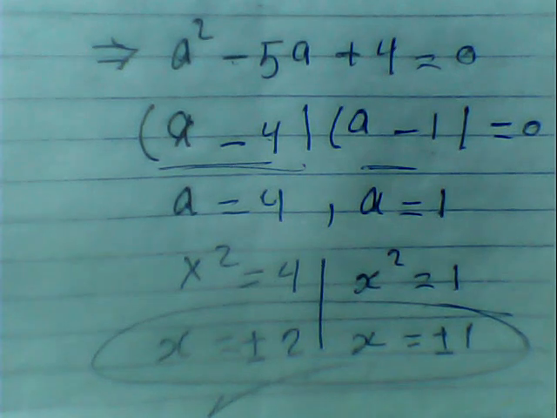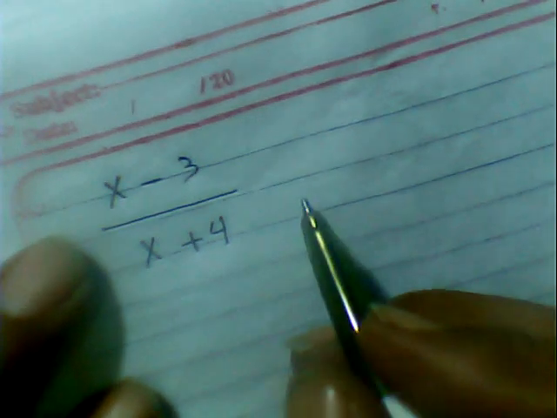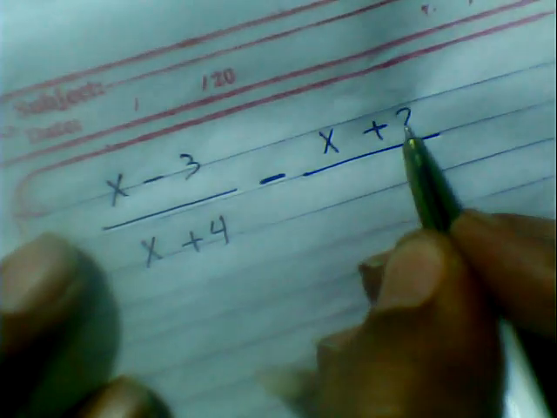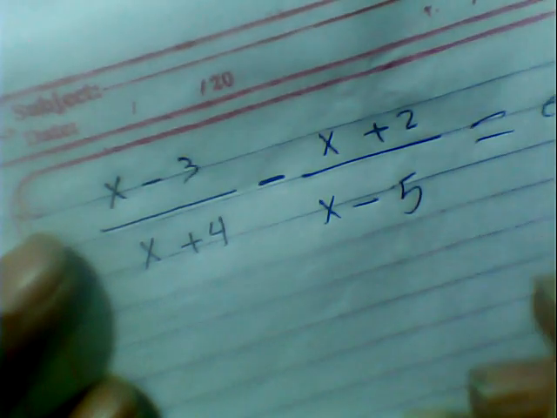Okay, we can look at another problem. Like what? (x minus 3) over (x plus 4) minus (x plus 2) over (x minus 5), all equal 0.